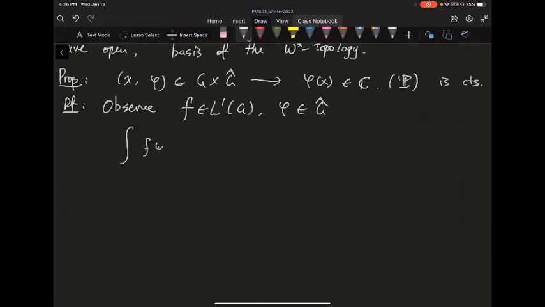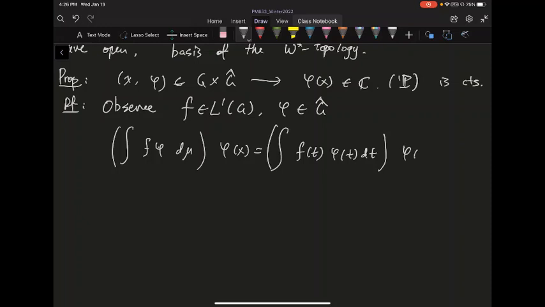If I do the integral of f phi dμ against the Haar measure, and then multiply by some fixed phi of x, this is just equal to the integral of, say, f(t) phi(t) dt, and then everything multiplied by phi(x). Of course, you can move the phi(x) inside.